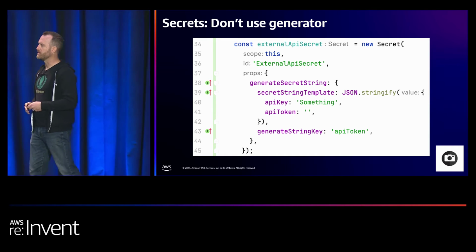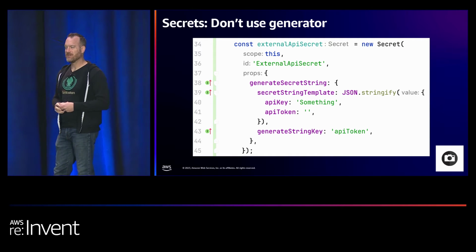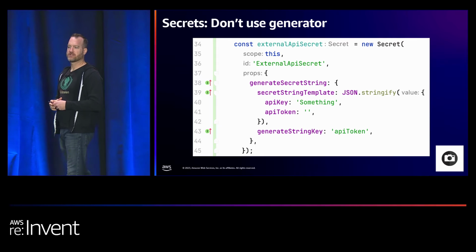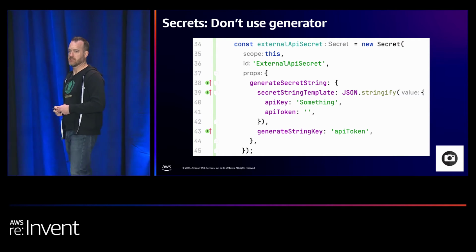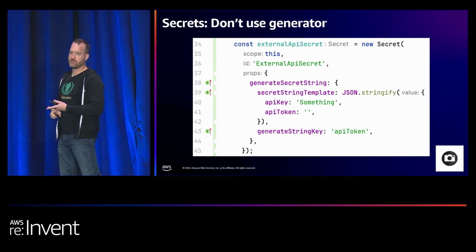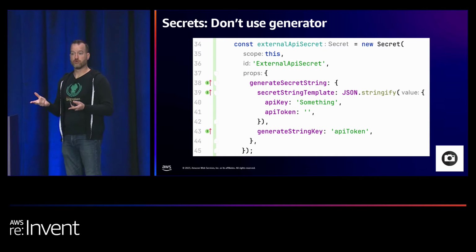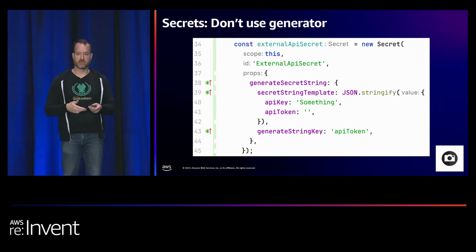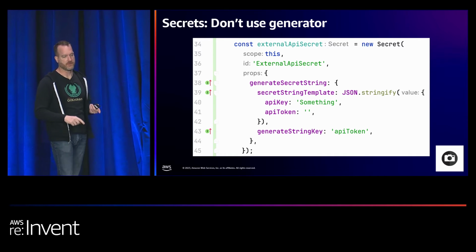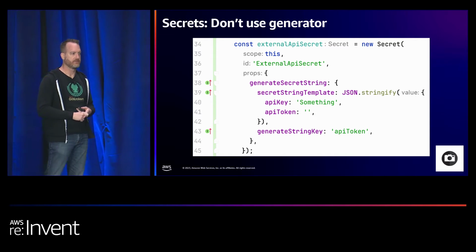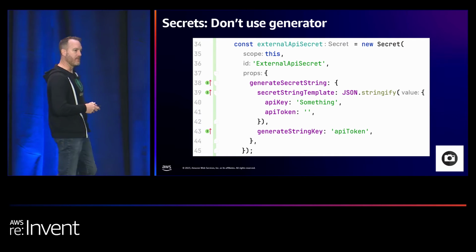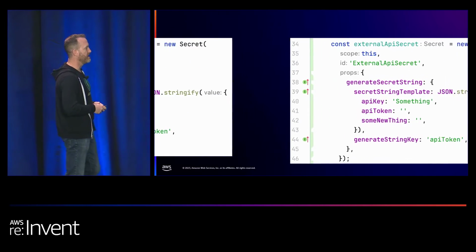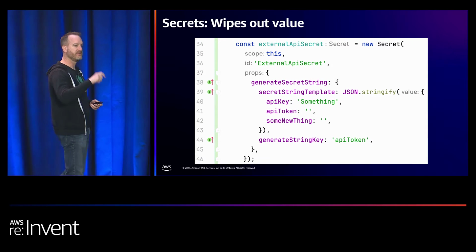But the problem with this is that it gives you the impression that you can actually manage the value of the secret here within your code, and you can't. You shouldn't be putting anything that is truly secret in your IaC because it's too exposed. It's in CloudFormation templates, it's in your CloudFormation console, things like that. What's going to happen is sometime later, someone's going to say, we need another field in that secret.